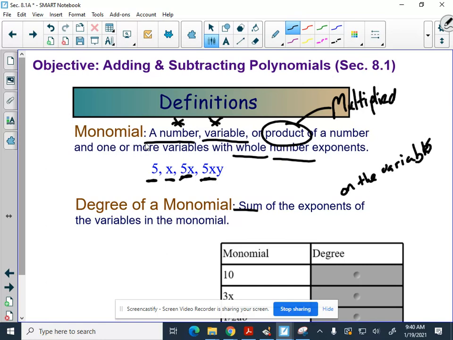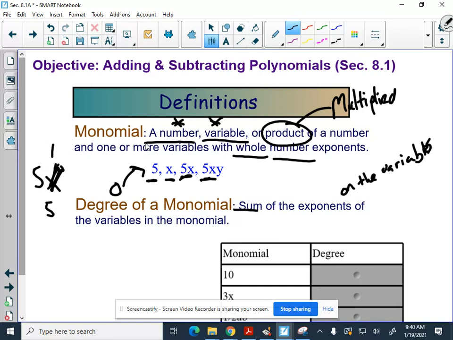So for instance, this 5, there's no variables. 5 is a constant number. So since there's no variables, the degree of that would be 0. It has a 0 degree because it could have a 5x to the 0, but anything to the 0 is 1, and 5 times 1 is 5. That means the variables have no power.